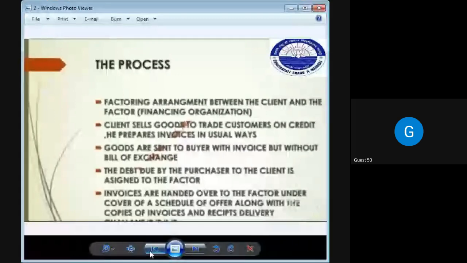In factoring, the bank acts as an agent. You can say that on behalf of the buyer, it pays the seller, and the seller gets immediate cash. The factor also gets commissions in return, and can also recover the amount.